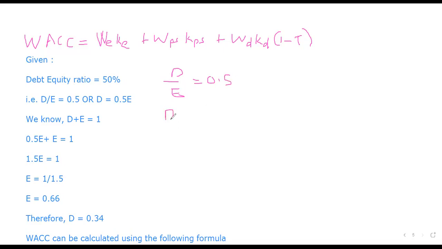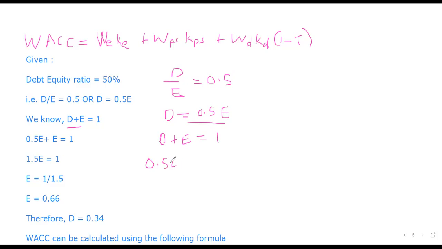First, multiply this by that: 0.5 times what? The equity. We know that the debt plus equity must always add up to 1. So since our debt is 0.5E, where there is debt, we put 0.5E.